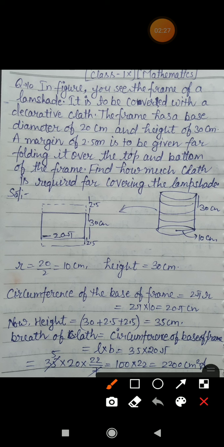So here you very well know the lampshade is given. First of all, this is your lampshade, and the dimensions are given: the diameter is 20 centimeter and the height is 30 centimeter.